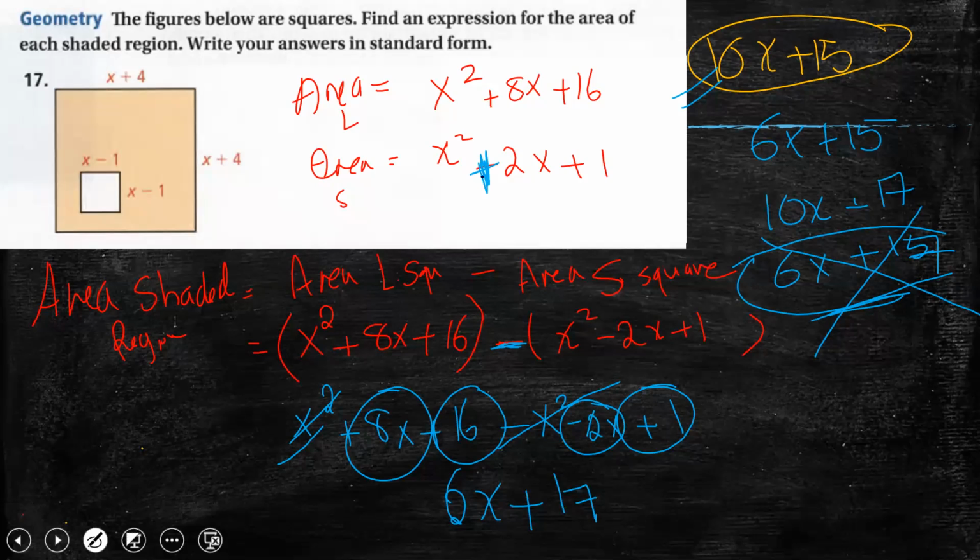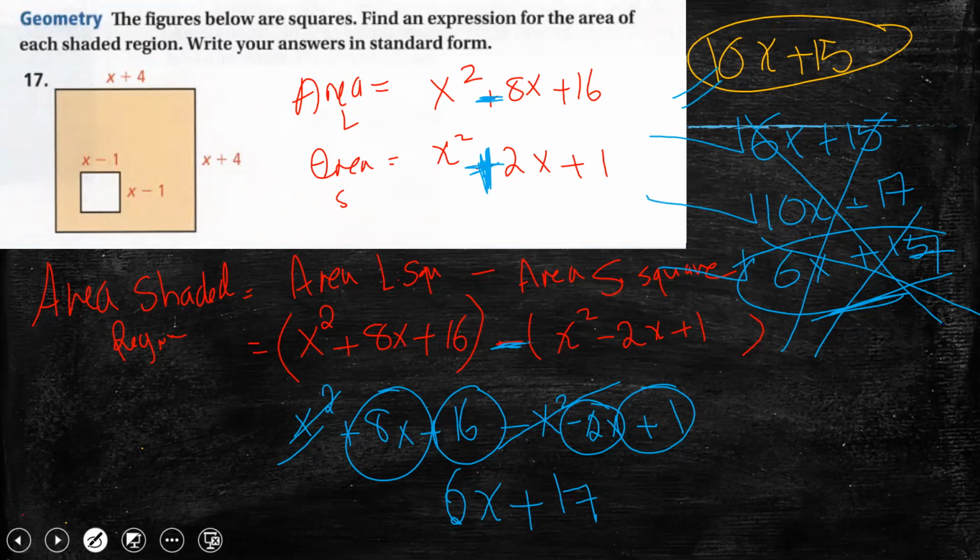But it will be no. So I wrote all the possible choices. If Ranim, as an example, puts the negative sign, she will find this choice is correct. If Dana puts the sign as plus, she will choose this one. If Farah forgets to multiply by negative, she will choose this choice. And all of these choices are wrong.